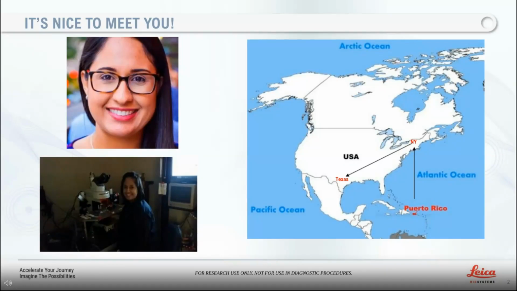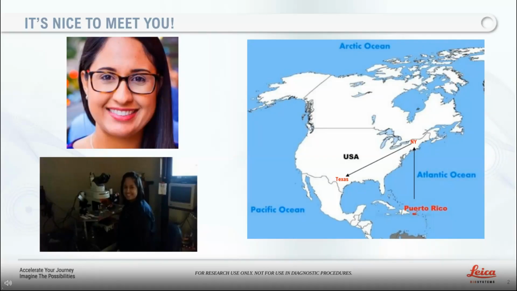I completed a bachelor's in biology from the Inter-American University of Puerto Rico and a doctoral degree in neurobiology from the University of Puerto Rico. I specialize in the spinal cord injury field and honed my skills in cryosectioning, imaging, and in vivo electrophysiology.